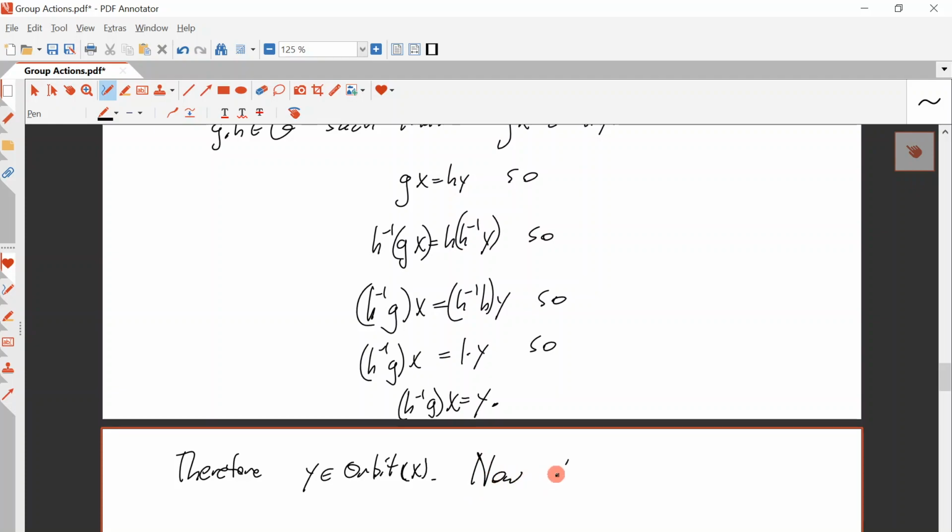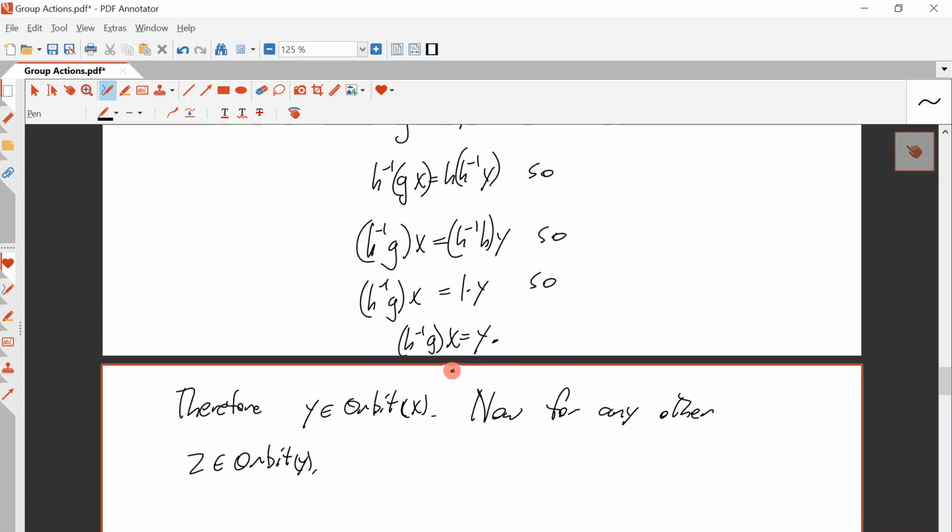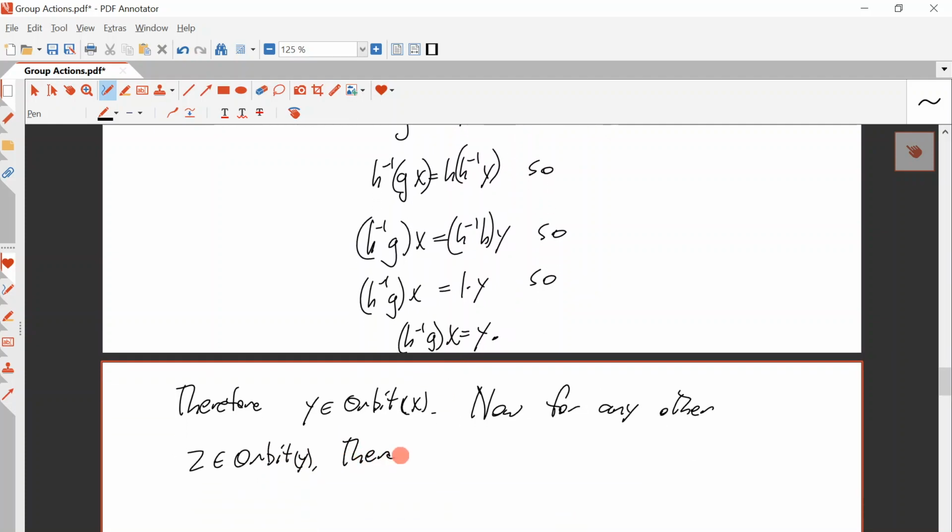Now, for any other z in orbit y, there is g and h in G. Maybe we should say a and b this time, such that ax is y and by is z.